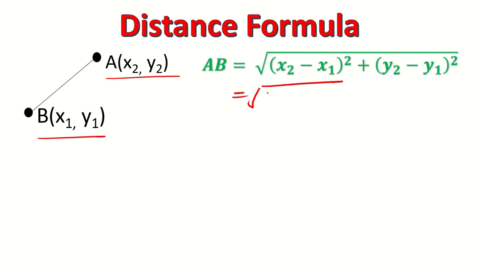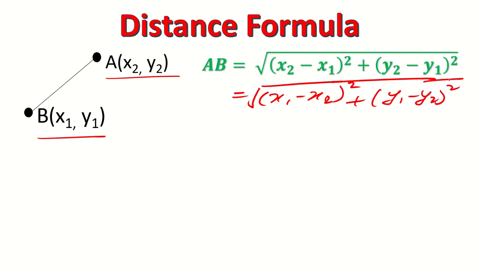Students, you can interchange the values of x1 and x2 and write (x1 minus x2) whole square plus (y1 minus y2) whole square also, but don't mix up the values of x and y together. You cannot write x2 minus y2. That will be wrong. So it is value of x minus value of x whole square plus value of y minus value of y whole square.